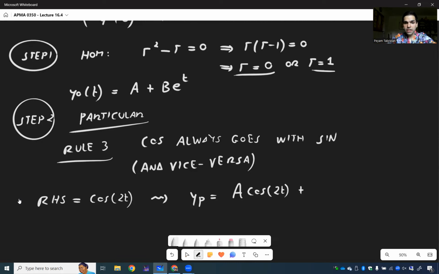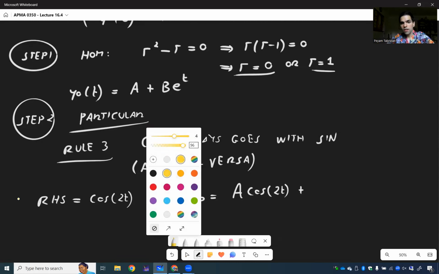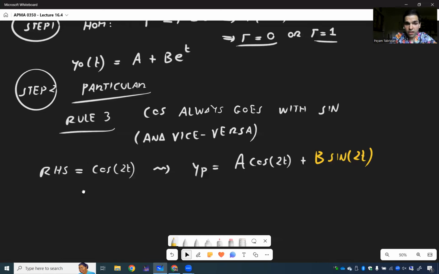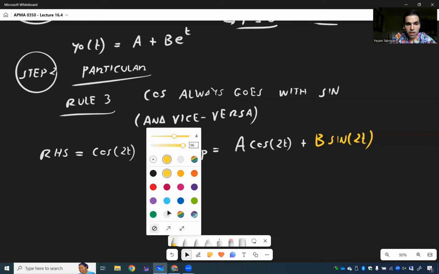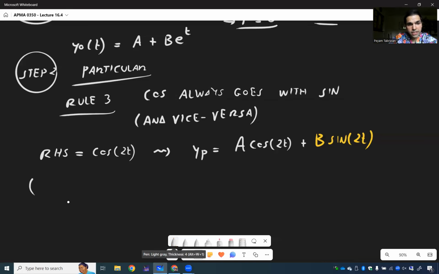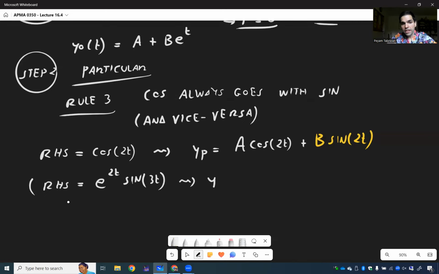So plus b sine of 2t. Or, as another example, if the right-hand side was, for instance, e to the 2t sine of 3t, then your particular solution would be, let's say, b e to the 2t sine of 3t.